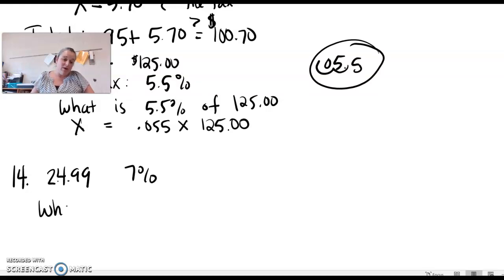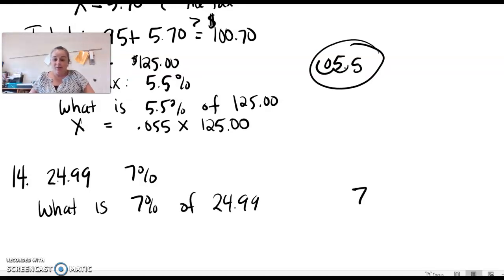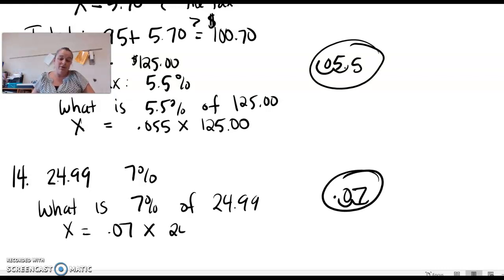So you want to find out what is 7% of $24.99. 7% would be 2 places, so 0.07. So you get X equals 0.07 times $24.99. Find out what the tax is and get a grand total.